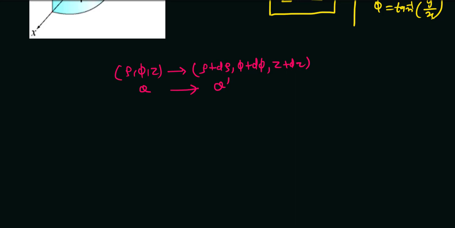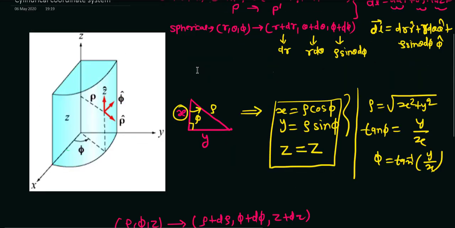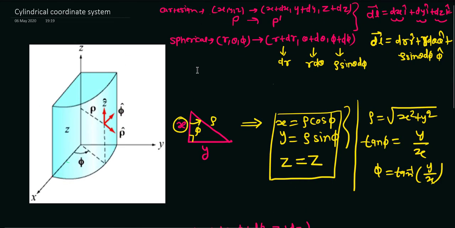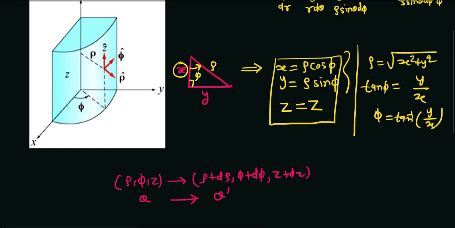So let's first try to get the length of the element in each direction. If you are at point rho, phi, z initially, let's say this is our point Q, and from this point you are moving in the direction of rho cap, and the distance you are moving is simply d rho.